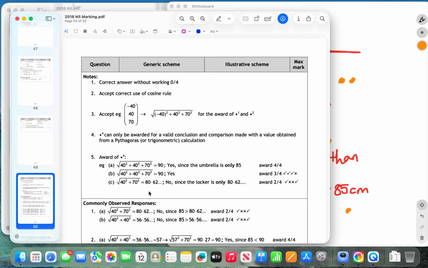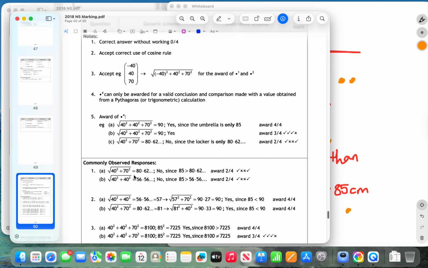What is part of the National 5 course is being able to apply your knowledge to a situation, either seen or unseen, and show the marker how you get that. So the other issue that many people had was, if you have a look here, many pupils only used two-dimensional Pythagoras and didn't realise that they have to adapt it to 3 dimensions.